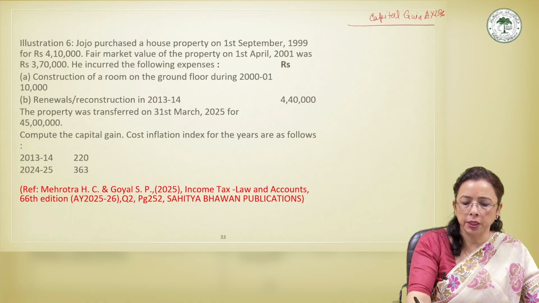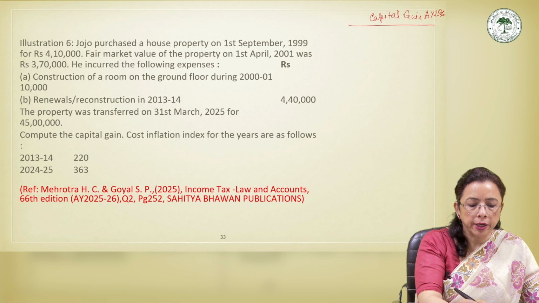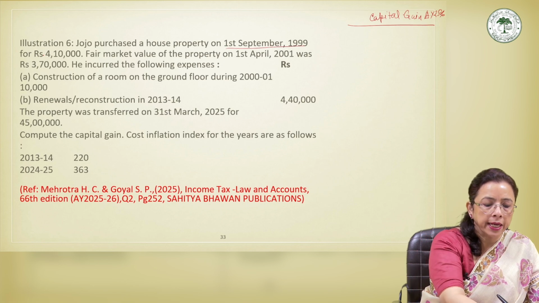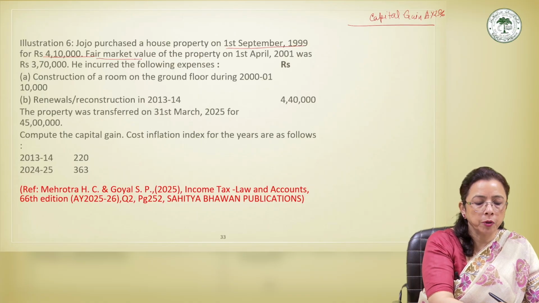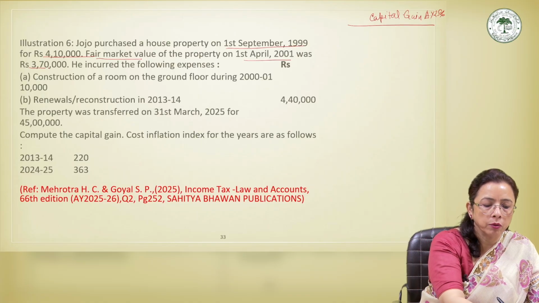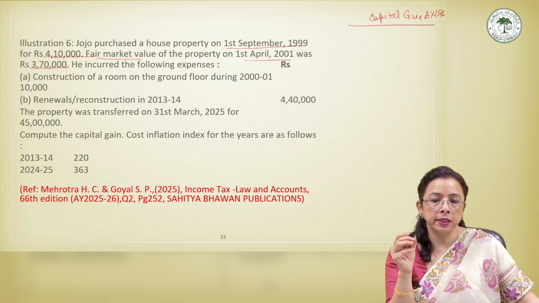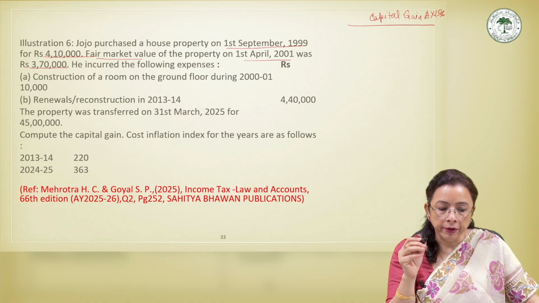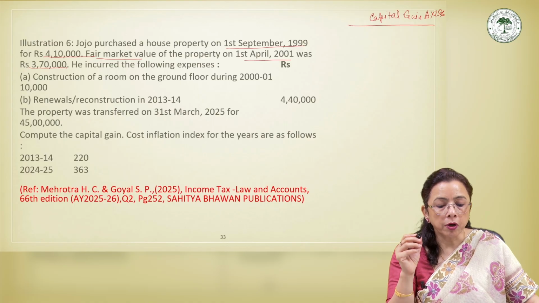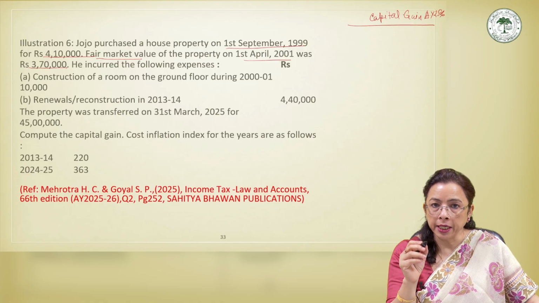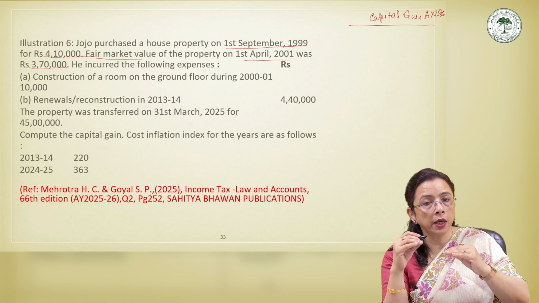Under this, first, let us check the data. It says that the property was purchased or acquired on 1st September 1999 for rupees 4,10,000, and the fair market value of this property on 1st April 2001 was 3,70,000. Students, understand here that the fair market value given for 2001 is important, because when any property is purchased before 2001, 2001 is the base year.